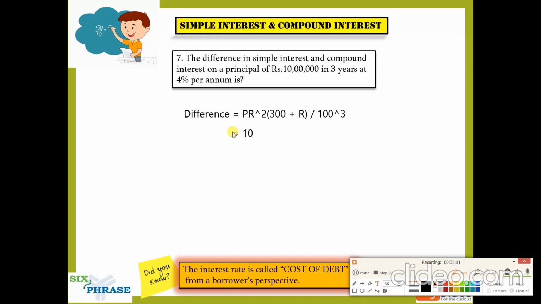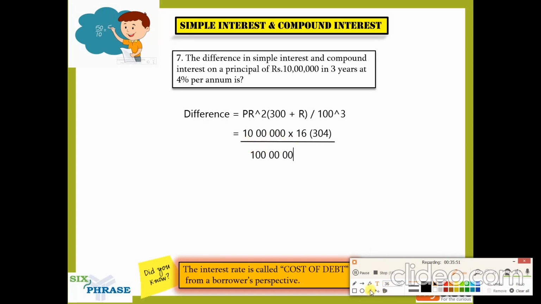P is 10 lakhs, so it is 10 lakhs the whole square, not into R whole square. R is 4%, so into 16, guys. Then into 300 plus R, which is 304, right? The whole thing is divided by 100 cubed, which is 6 zeros.